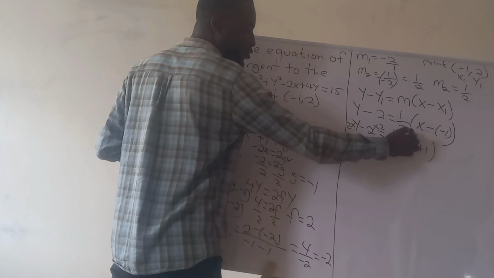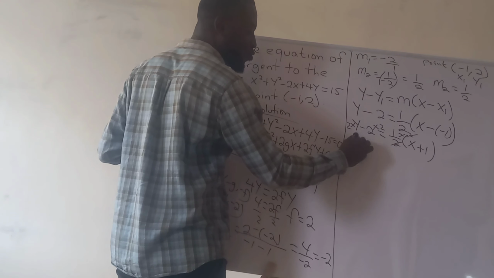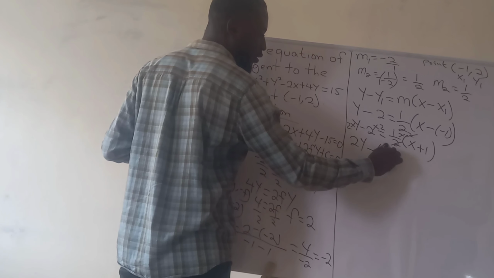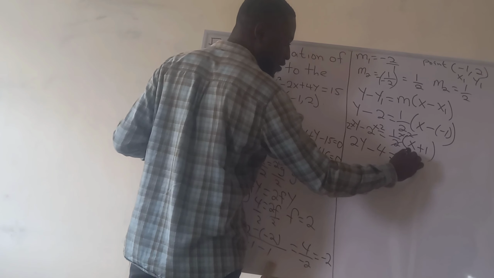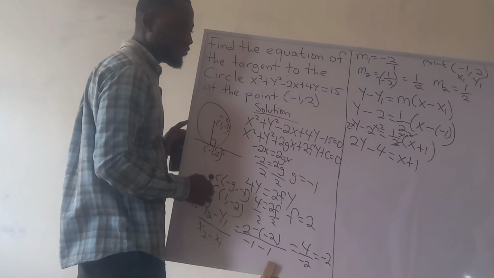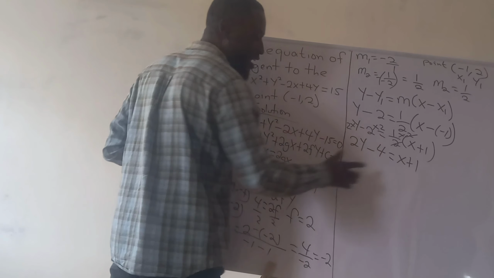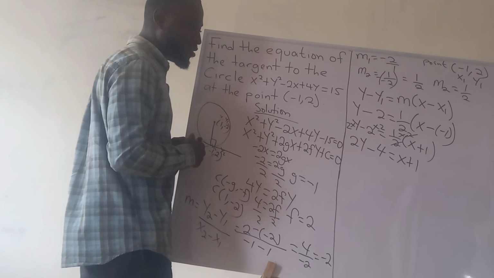So 2 will eliminate 2. So 2 times y is 2y minus 2 times 2 is 4 equals 1 times the whole of this, which will become x plus 1. Now what's our next move? It is to rearrange this and put it in the general form of the equation of a straight line.